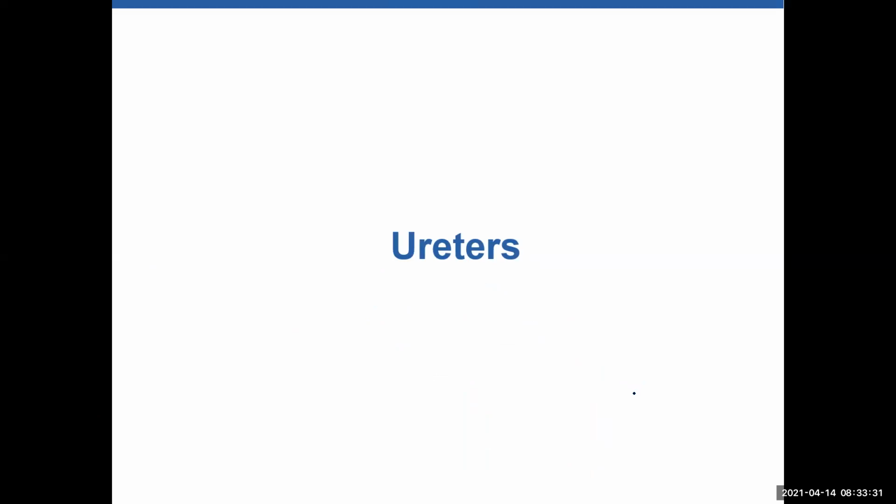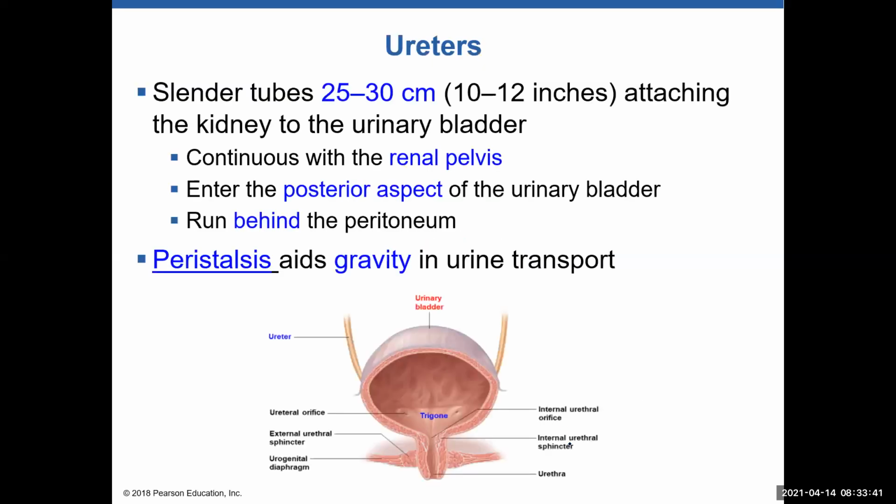Now we'll discuss the ureters. What are ureters? Does anyone know? If you see here, we have the kidney over here. Ureters are basically what connect the kidney with the bladder. They are totally continuous with the renal pelvis.